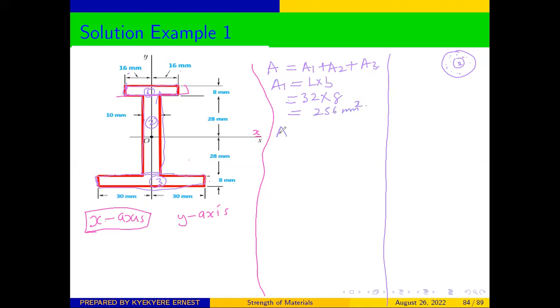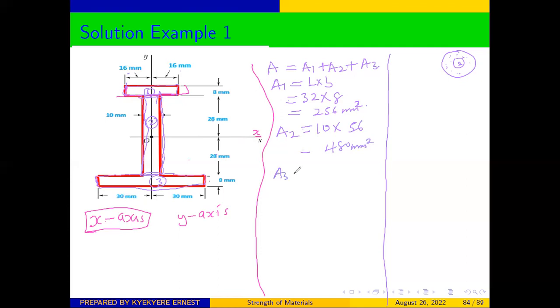We can determine the area for section 2. We can see that the length is 10, the breadth is 28 plus 28. This whole thing is area 2. So the length is 10 times the width, which is 28 plus 28, which gives us 56.